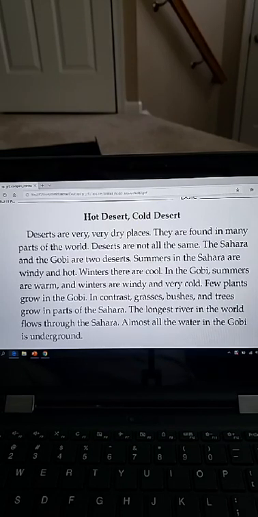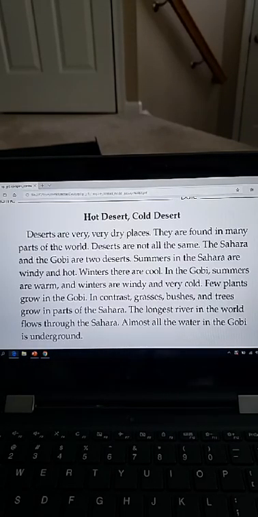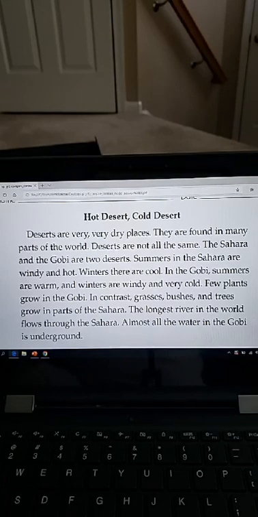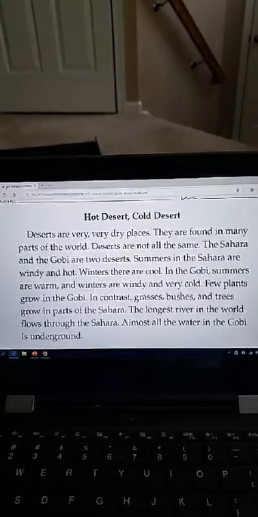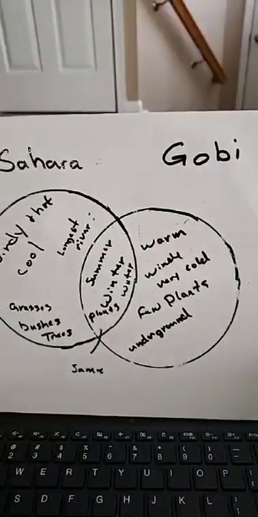So we started off talking about the hot and cold deserts. But as we read the text, we realized we were talking about two specific deserts, the Sahara and the Gobi. So then we need to determine how we're going to compare and contrast the Sahara and the Gobi deserts. We went through step by step and filled out this Venn diagram or this double bubble.